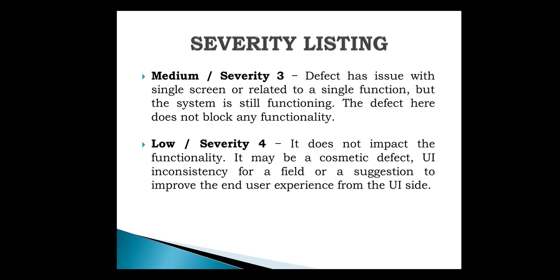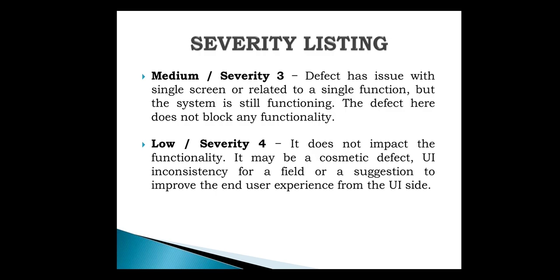Next is medium, severity 3. If the defect is an issue with a single screen or related to a single function, but the system is still functioning and the defect does not block any functionality, then its severity is medium. And the last one is severity 4, that is low severity. It does not impact the functionality. It may be a cosmetic defect.